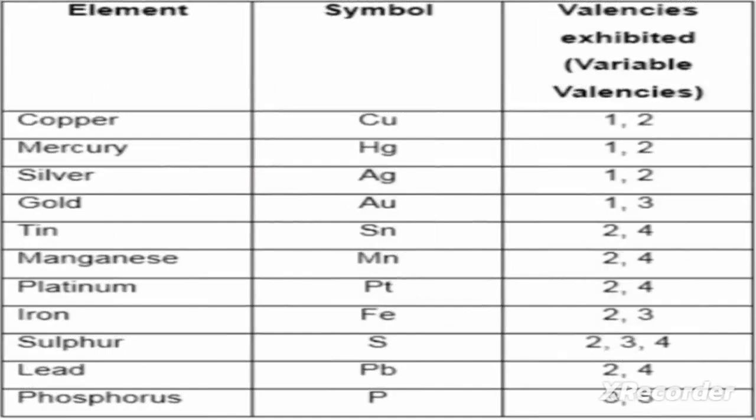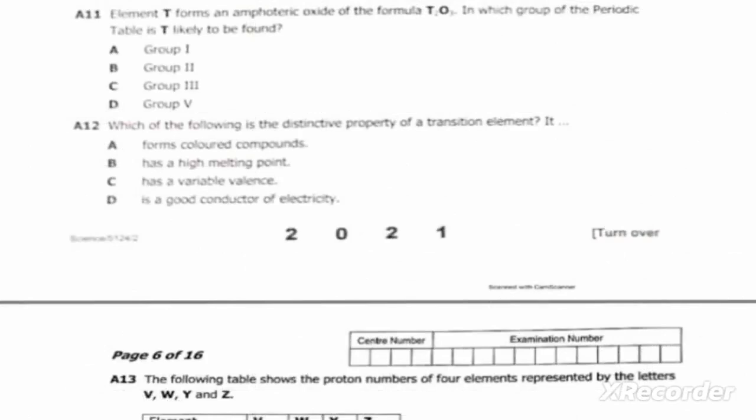We need to understand that transition metals have variable valences. Most of them have more than one valence. This characteristic distinguishes them from other elements on the periodic table.